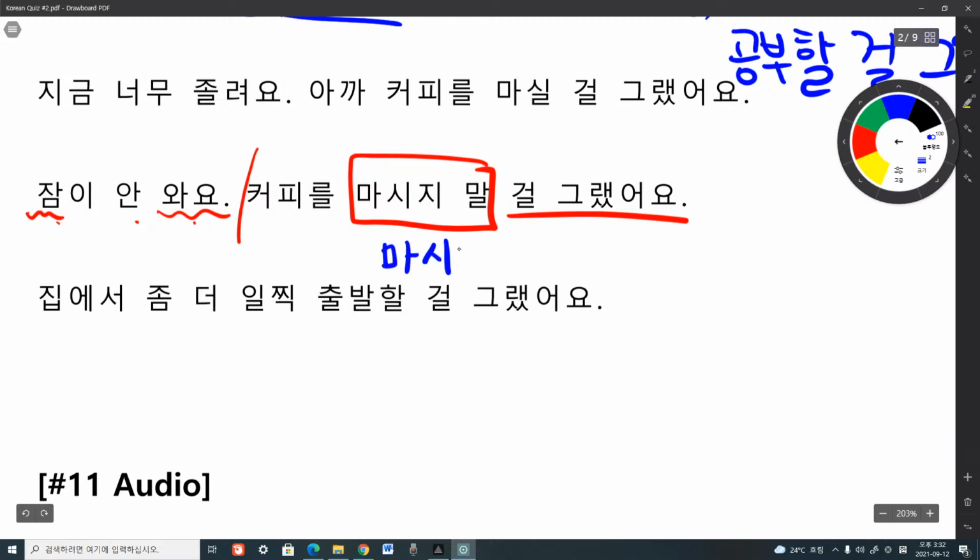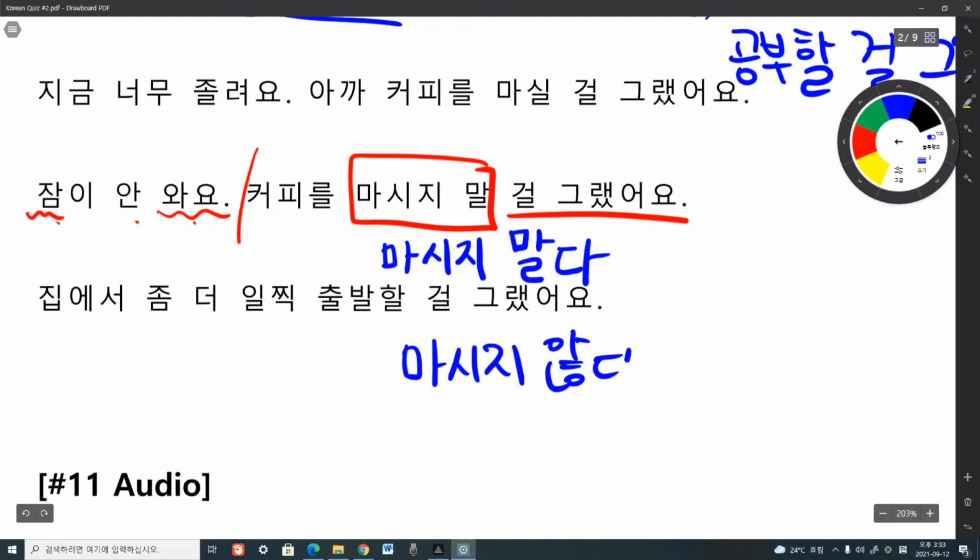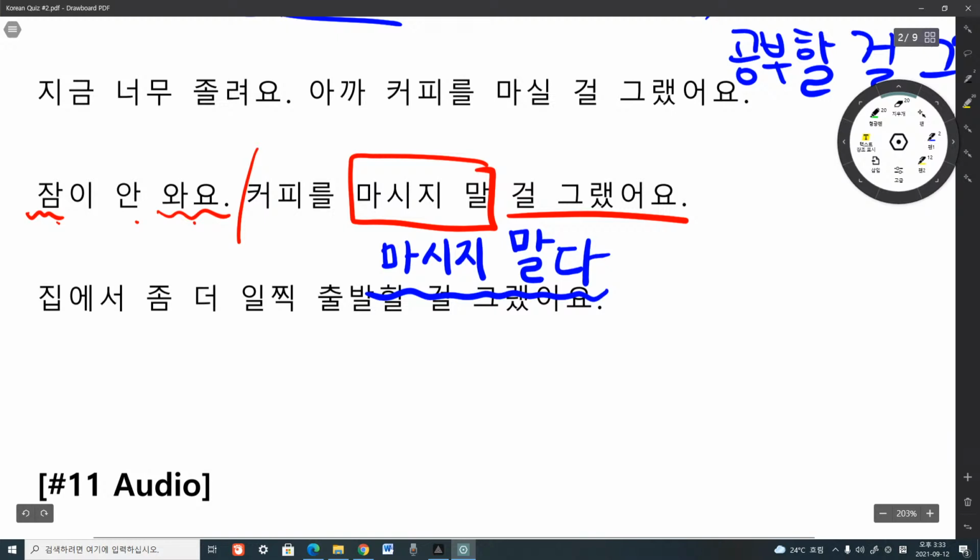And if you say 마시지 말다, it means to not drink. Actually, 마시지 않다 means to not drink. But 마시지 말다 can also be used in certain expressions.